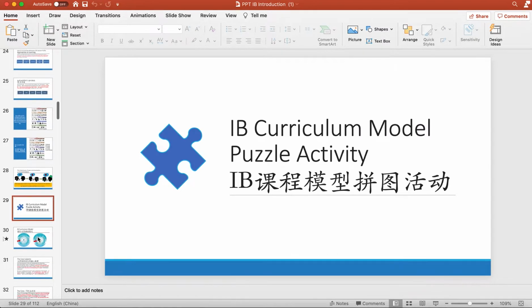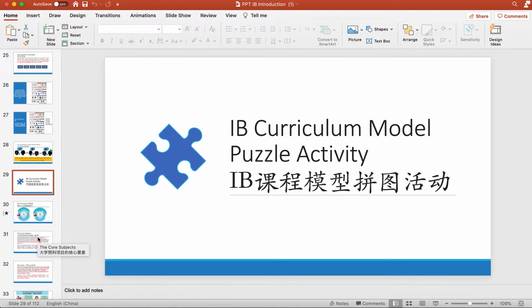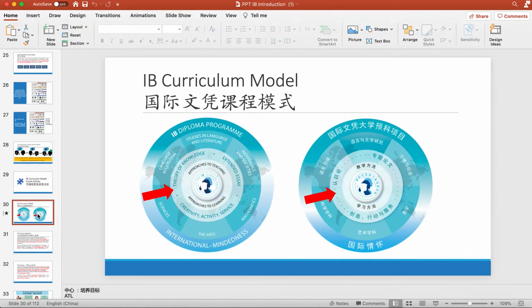And then from there, I give the parents a curriculum model puzzle activity where I cut the IB curriculum model into some parts, and parents have to reassemble them so that it creates a complete Diploma Programme curriculum model.